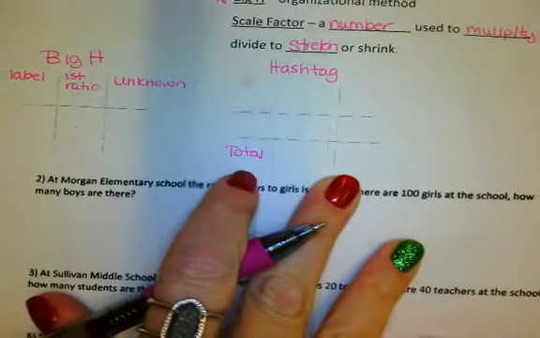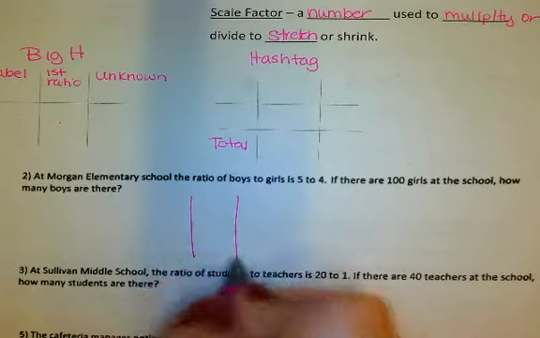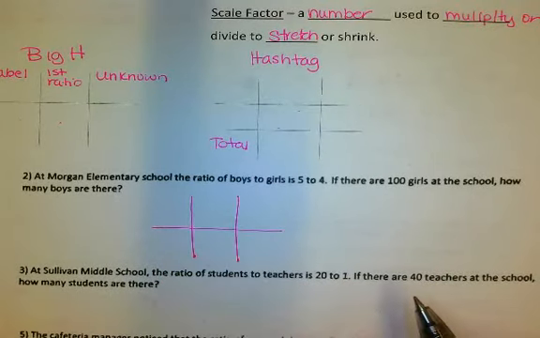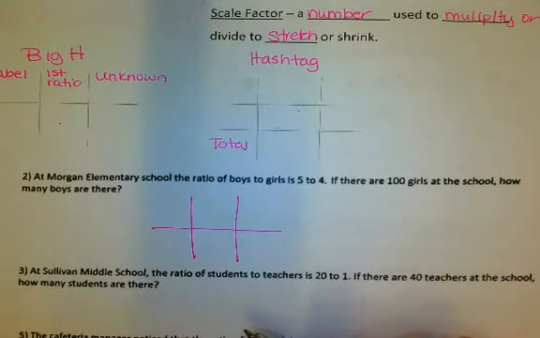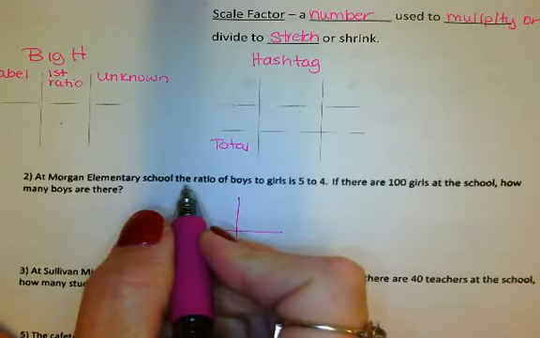So I definitely want you to do these with me, okay? So first, you're going to make a big H, okay? Always start with a big H, and then if you're given a total, you can just add the next line. So let's read it. At Morgan Elementary School, the ratio of boys to girls is 5 to 4. They will not always be this kind and give it to you like this, but for the most part.